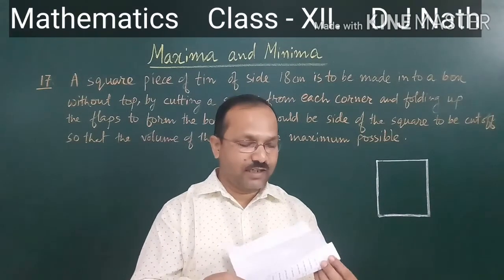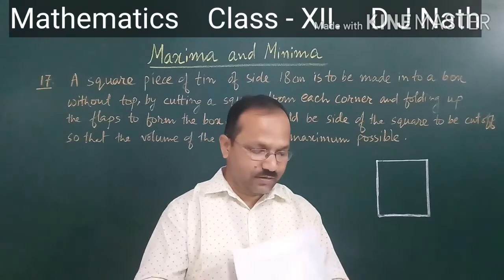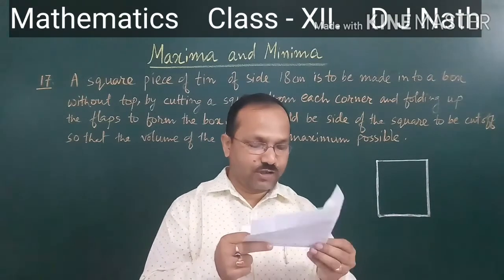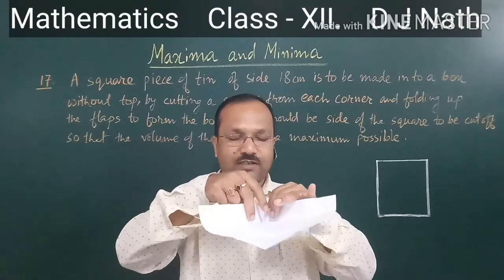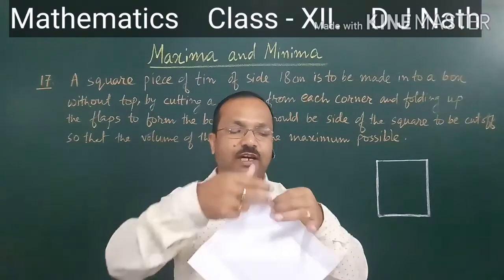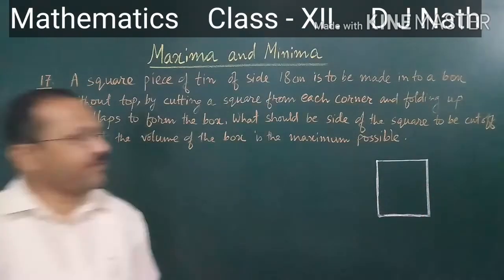This side has to be cut off. Look at that. If we want to make this, then this portion has to be cut off so that it can become like that. If I show you in the figure, look at that.